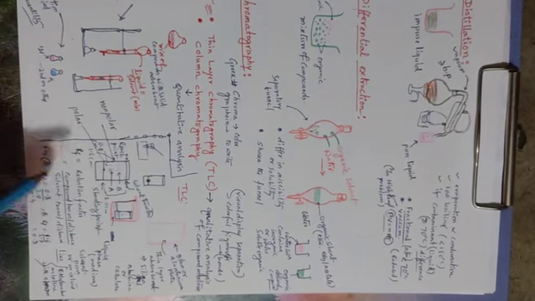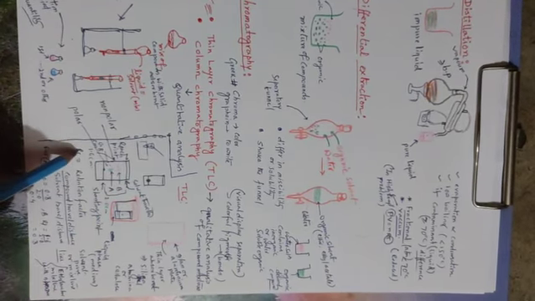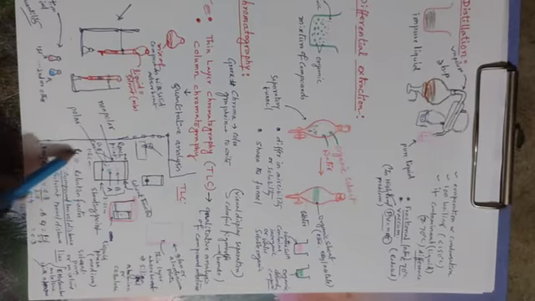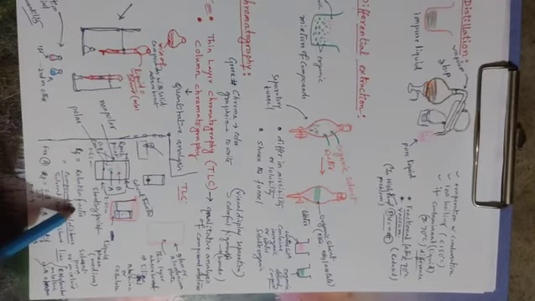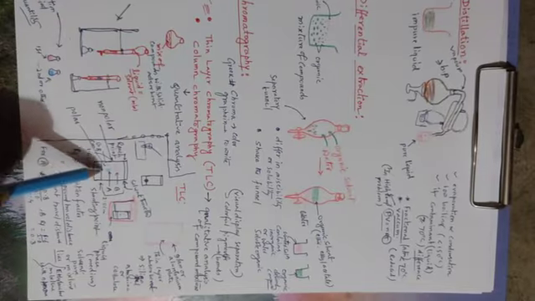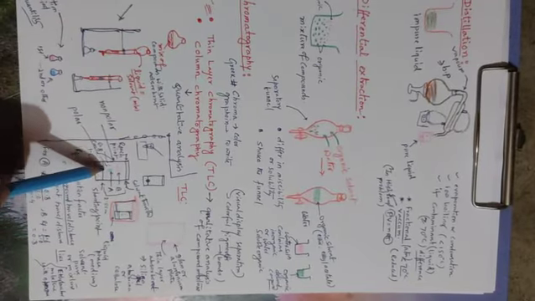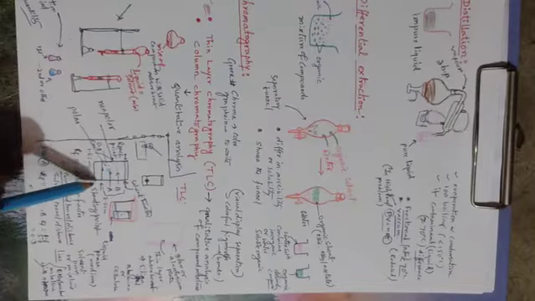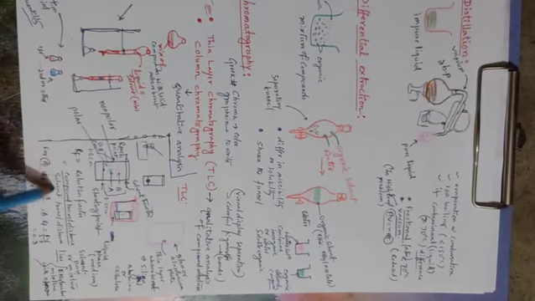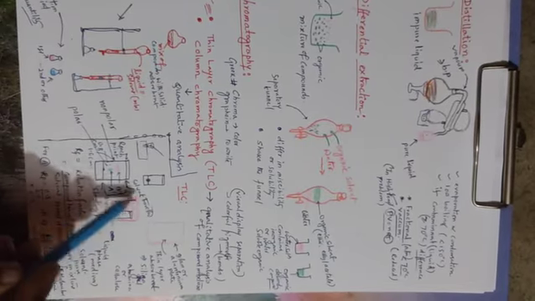Now one interesting thing we have to understand is the term called retention factor. What is that? It is the distance the compound travels divided by the distance the solvent travels.